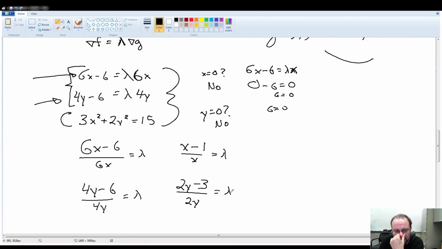Now, what am I doing here? Well, because lambda is the same thing as lambda, I can set these equal to one another and again get a relationship between x and y. So x minus 1 divided by x is the same as 2y minus 3 divided by 2y. And I'll cross multiply.